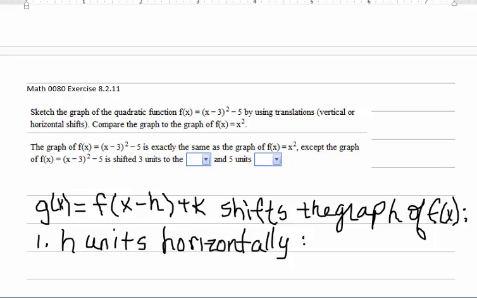and if h is bigger than 0, so if you're subtracting a positive number from x, then the shift is to the right. So you're shifting f of x h units right.